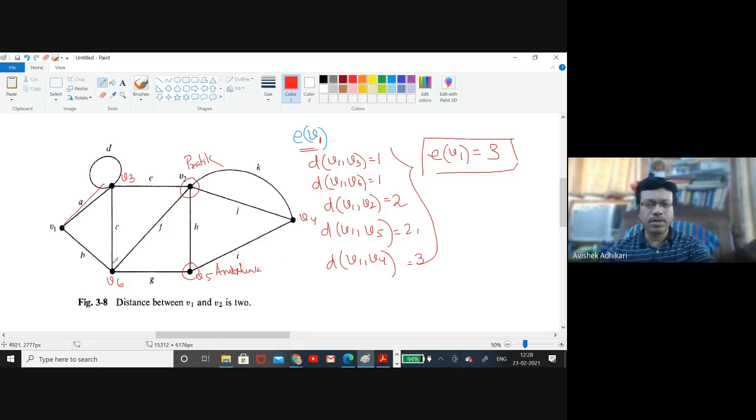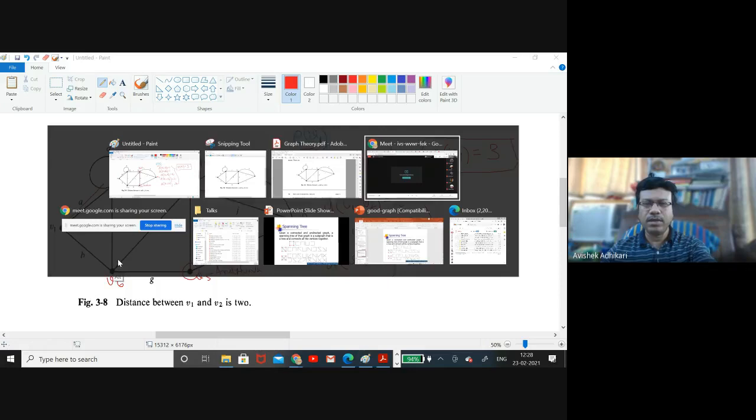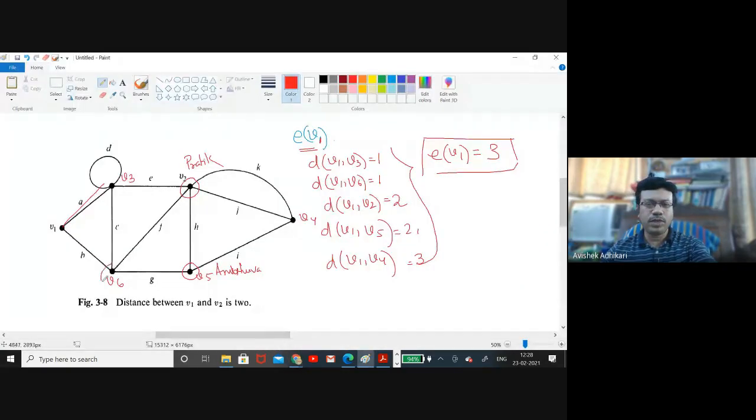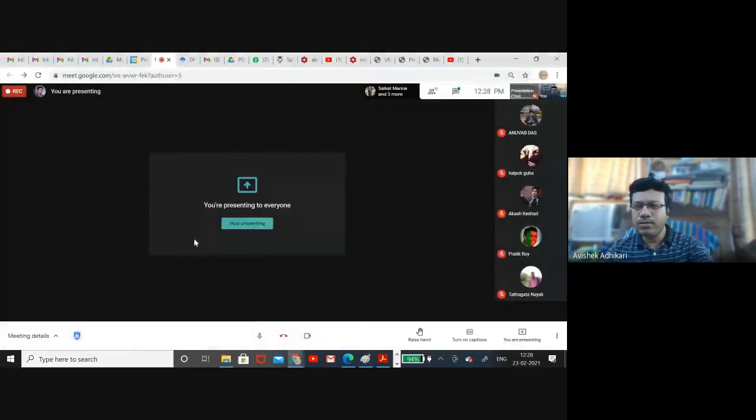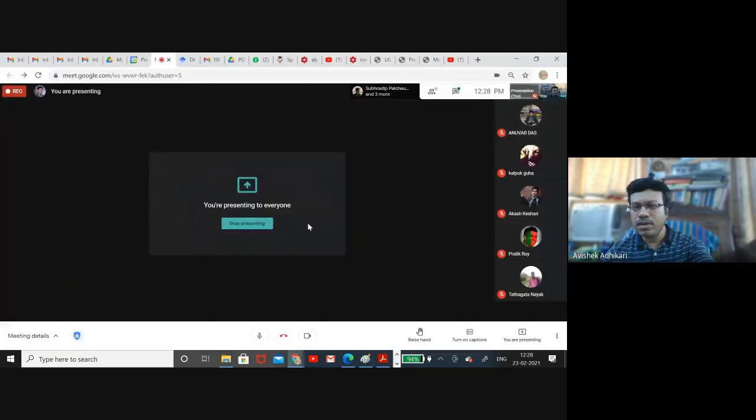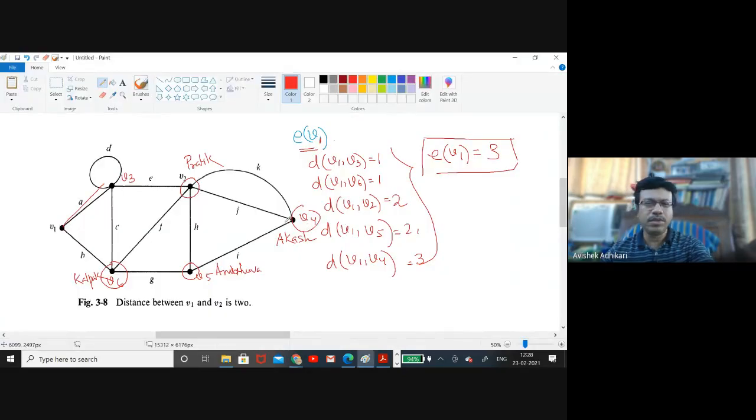Kolpok for V6, Akash maybe for V4, and Tathagato maybe for V3.